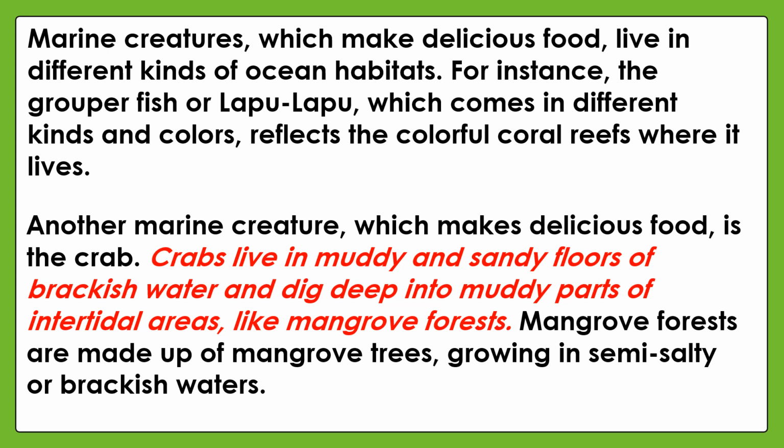Another marine creature which makes delicious food is the crab. Crabs live in muddy and sandy floors of brackish water and dig deep into muddy parts of intertidal areas like mangrove forests. Mangrove forests are made up of mangrove trees, growing in semi-salty or brackish waters.